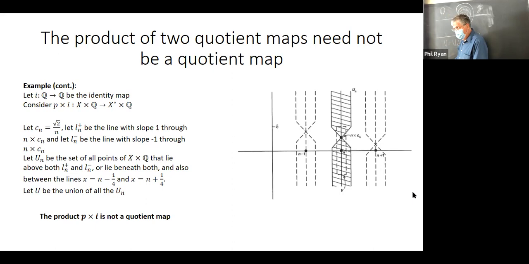It's an arbitrary union of open sets. And so what we're going to do is look at the image of U under this product map.